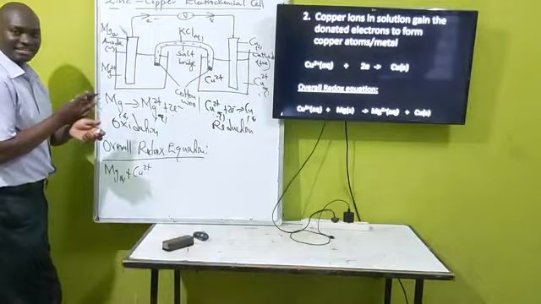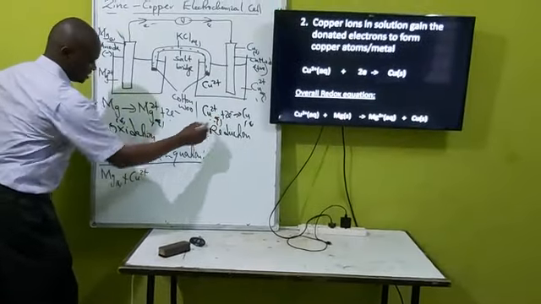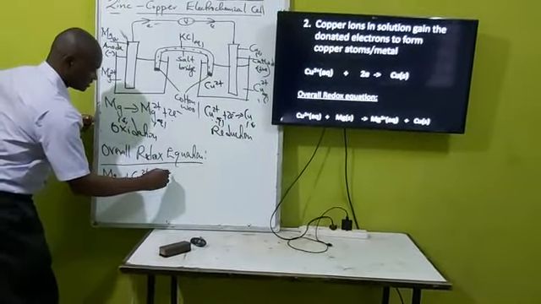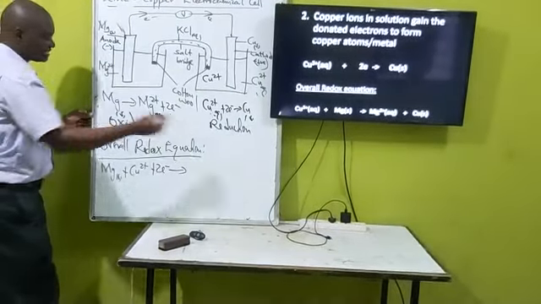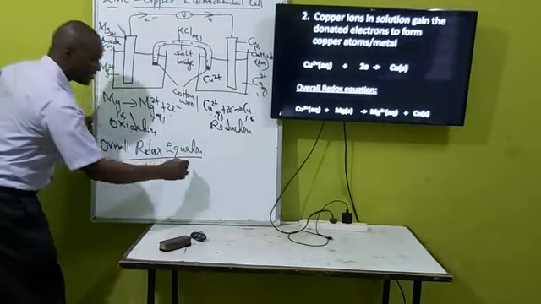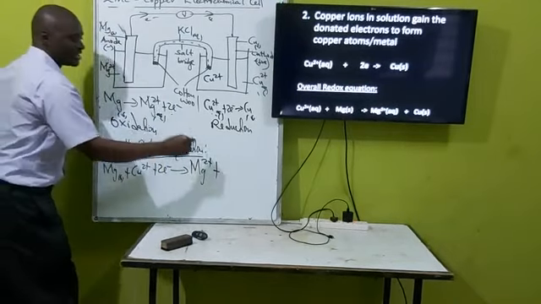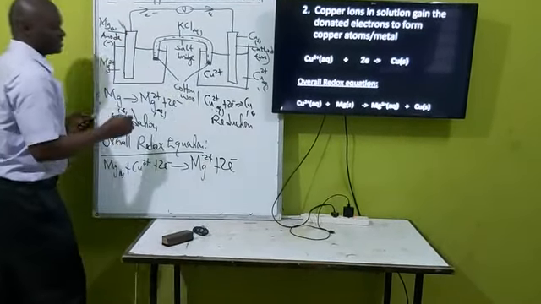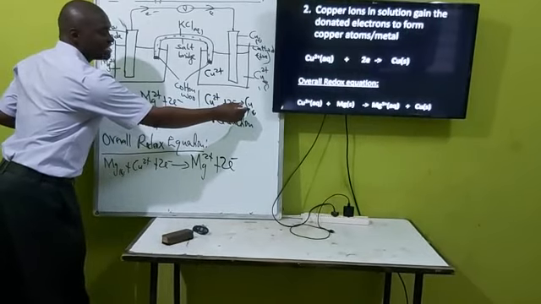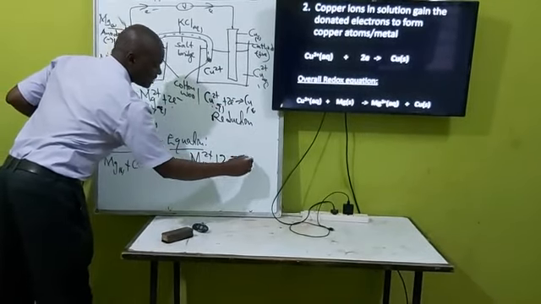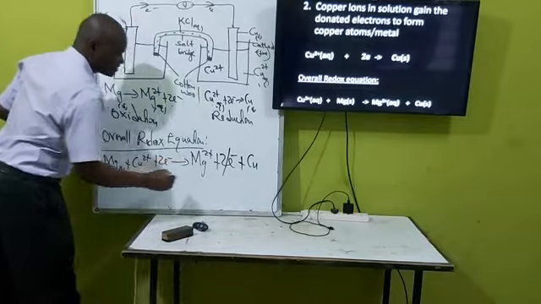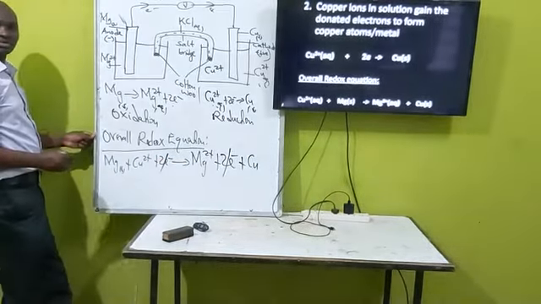We collect the reactants together: magnesium plus copper ions plus 2 electrons. Then on the product side, magnesium ion plus 2 electrons, plus copper solid. So electrons cancel electrons.